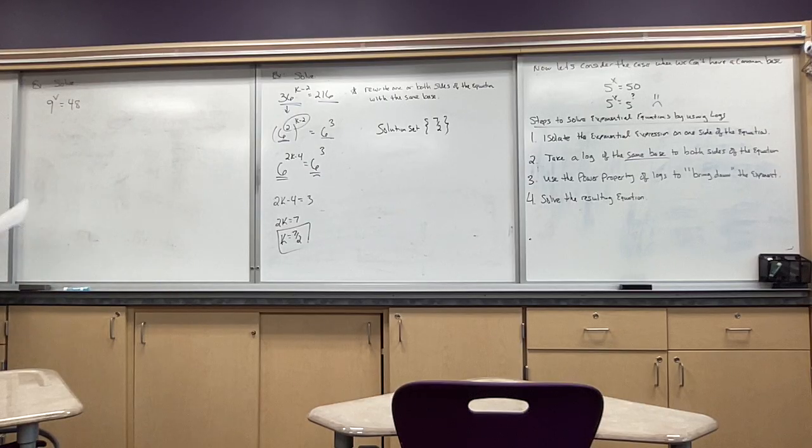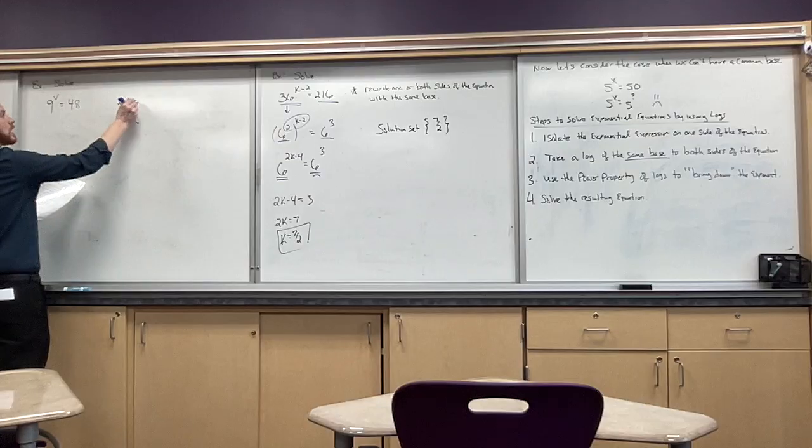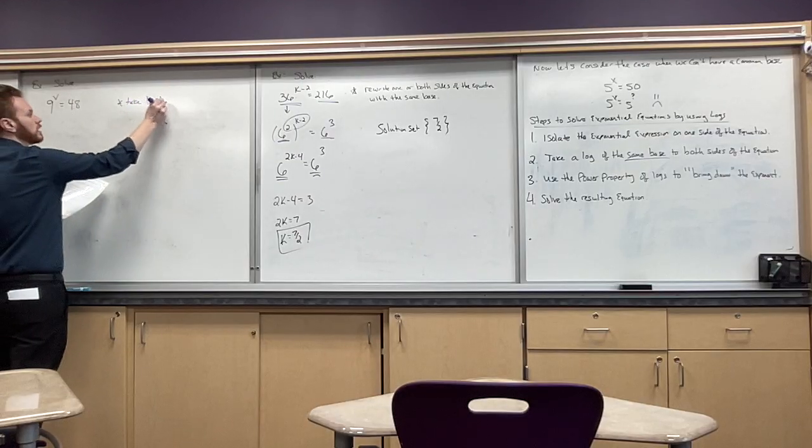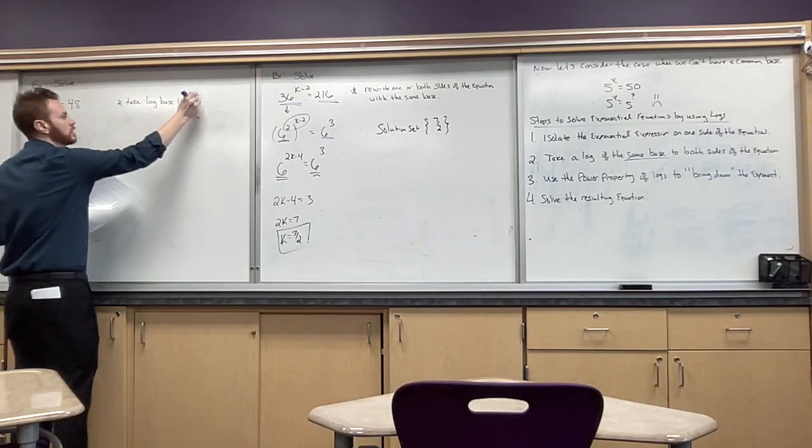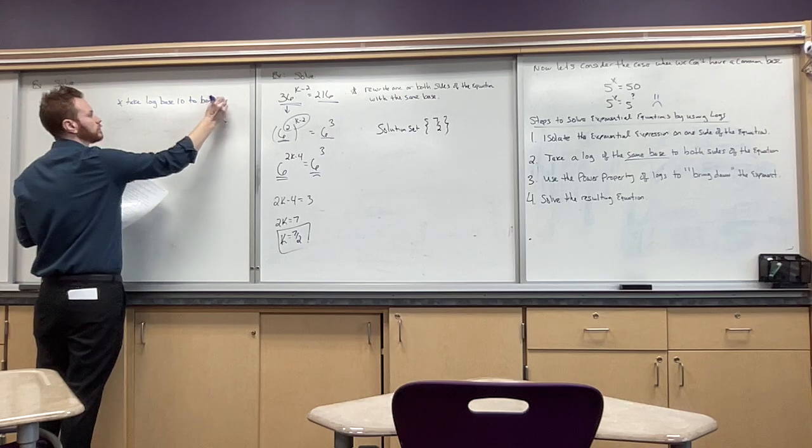Okay, step 2, take the log of the same base to both sides. Now notice, I don't really have anything in particular, like take log base this or that. What I'm gonna do is just keep it very generic. I'm gonna take log base 10, all right? We know common logs, even with change of base formula stuff, it works nicely. So I'm gonna take the log base 10 to both sides.